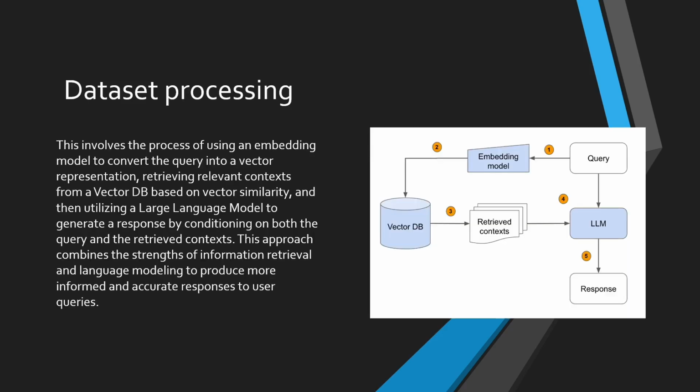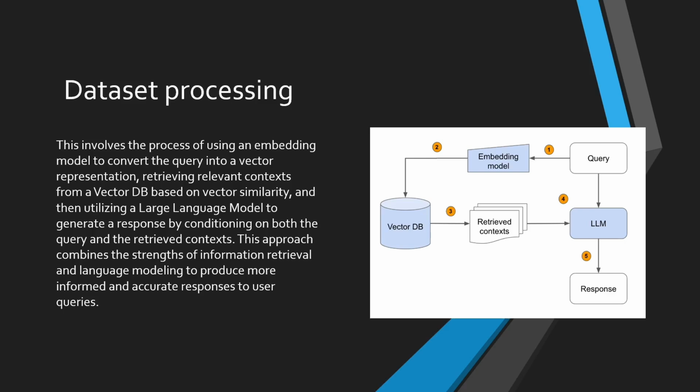Data processing. The process begins by converting the user's question into a numerical vector representation using a special model called an embedding model. This vector is then used to find similar vectors stored in a database. The database contains vector representations of different pieces of information or context.